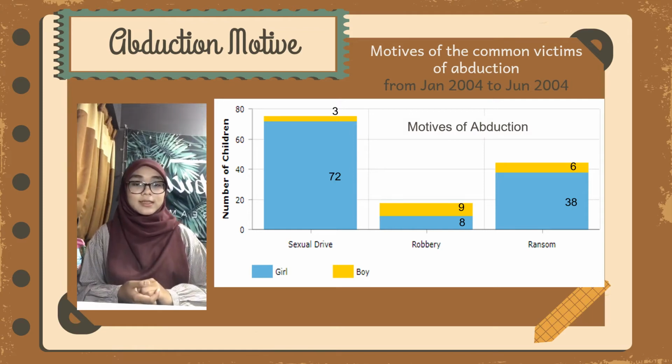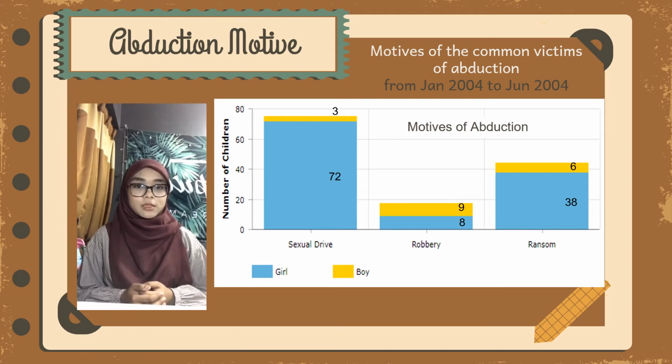First of all, let me begin analyzing the graph at the highest count. It shows that most of the children were abducted for sexual desires, but abduction of girls was higher than boys for this motive. Next, for the next motive, which is robbery, the graph decreased because the number of children abducted for this motive was 17, and the graph was hugely decreased.